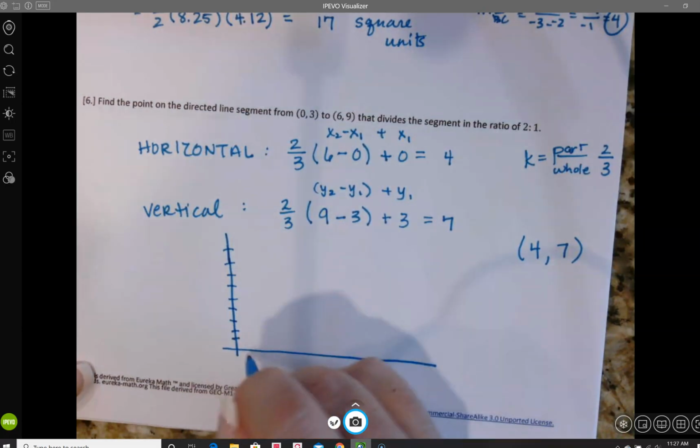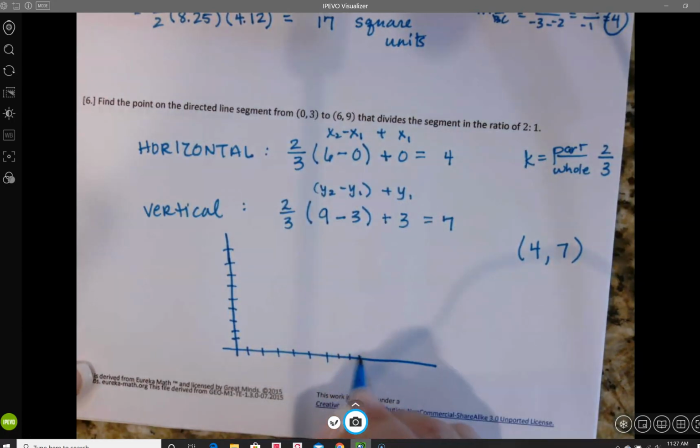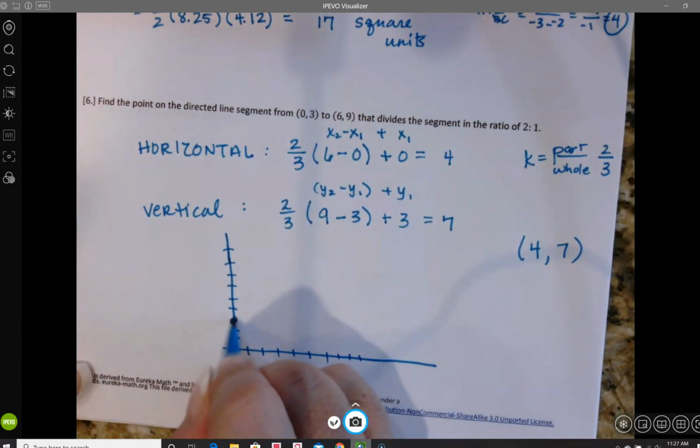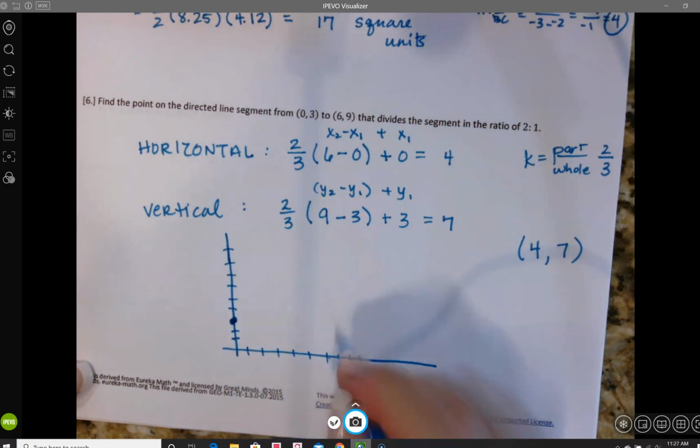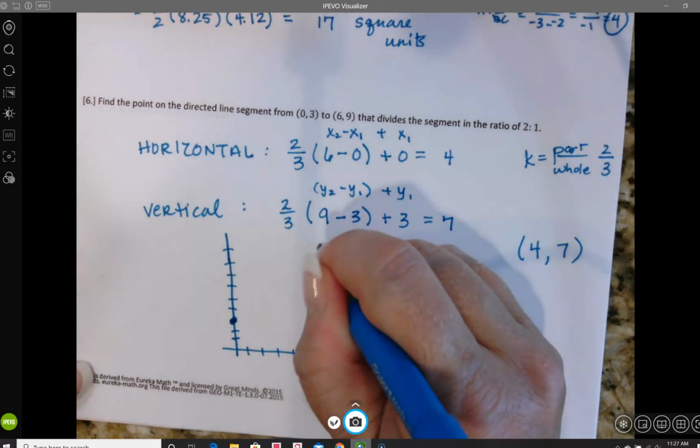And on the x's, I need to be at least 6. So 0, 3 is here, and 6, 9. 1, 2, 3, 4, 5, 6, and 9 is up here.